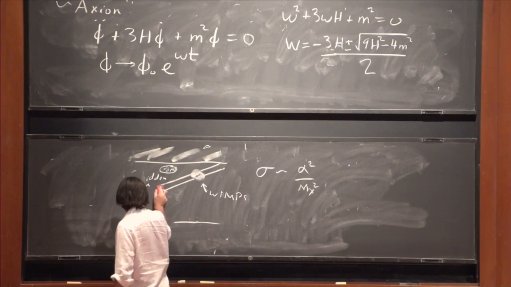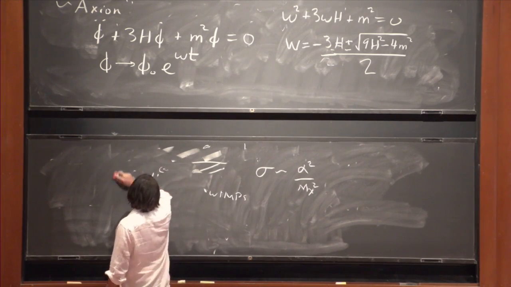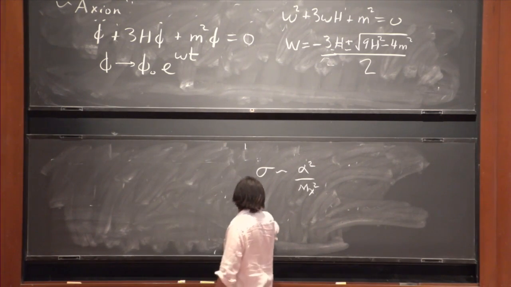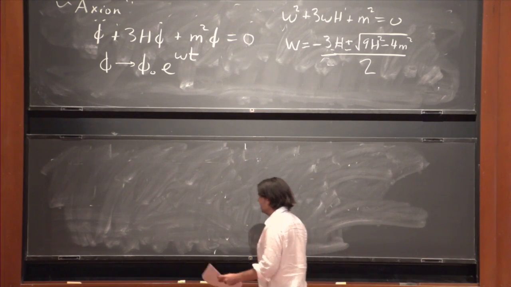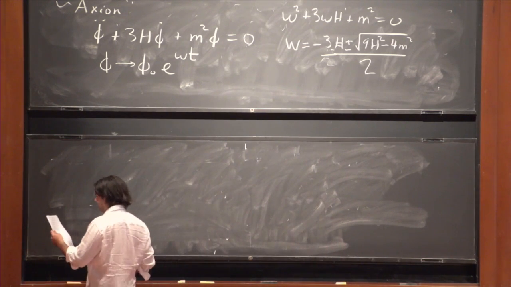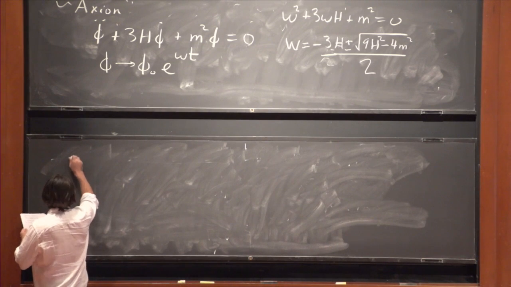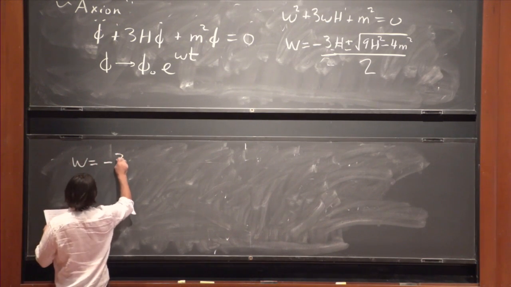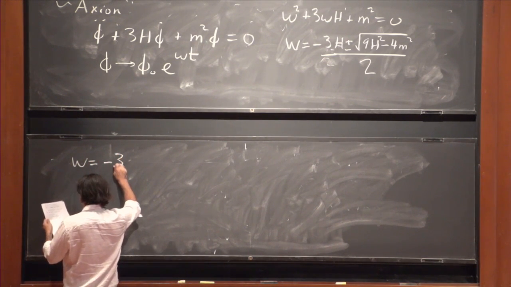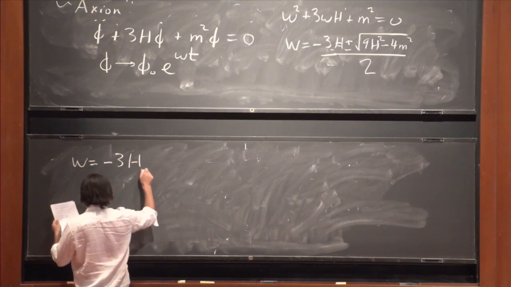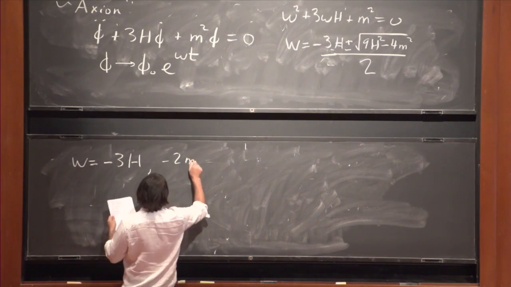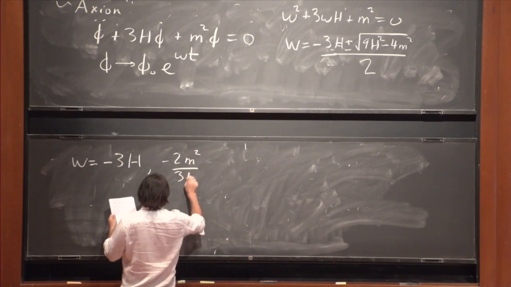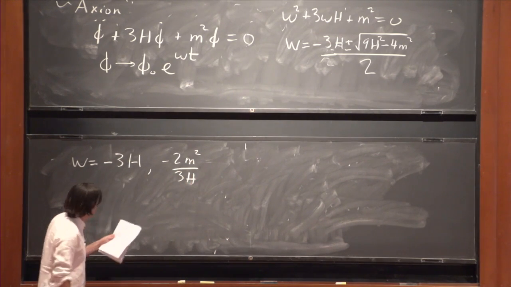Now remember we said if m is much, much less than Hubble, then that means that effectively the particle is massless. And then the two solutions you get are these.